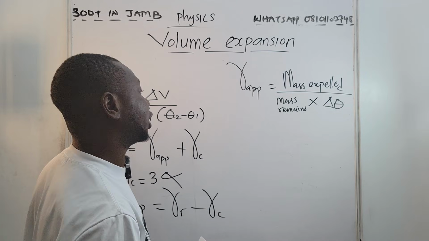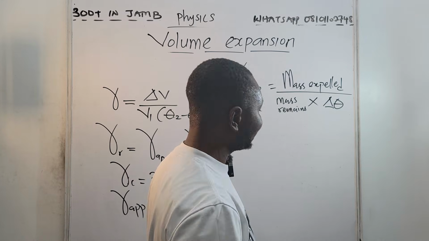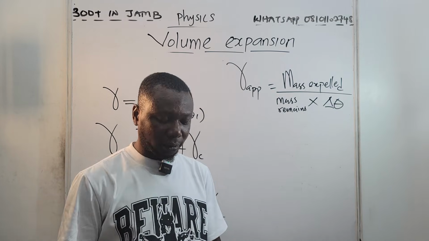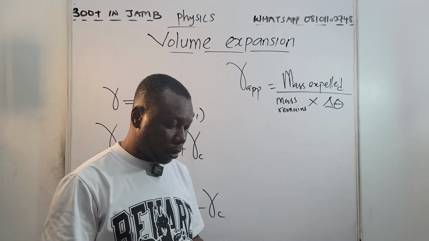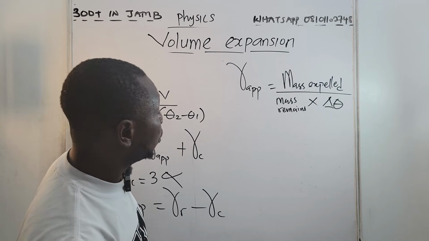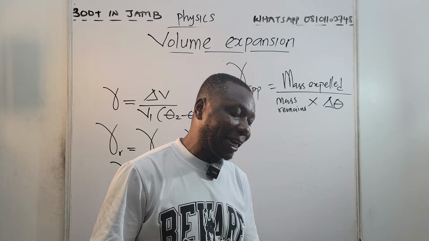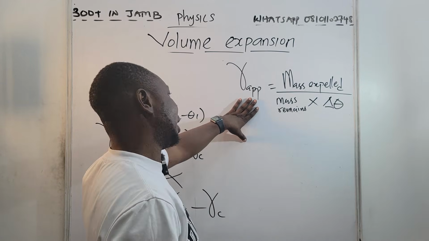When you heat the container, the density bottle, the fluid inside and the container both undergo expansion. So in recap, the real expansion is the actual increase in volume of fluid when heated, while the apparent expansion observed gives us the apparent expansivity.